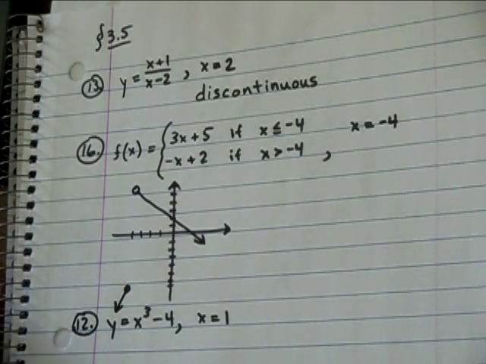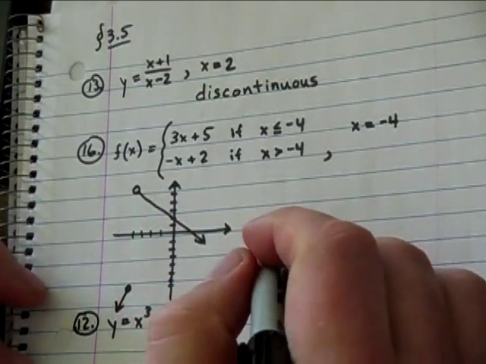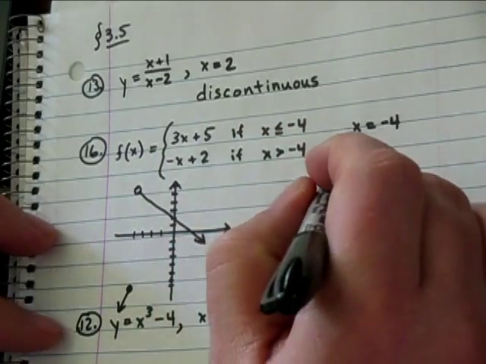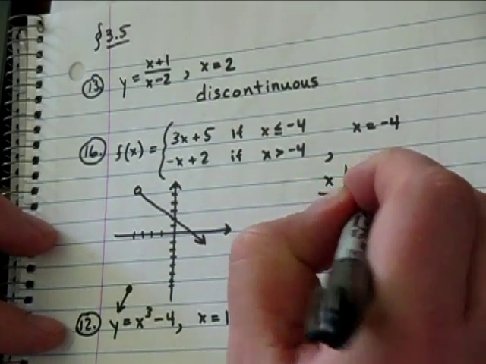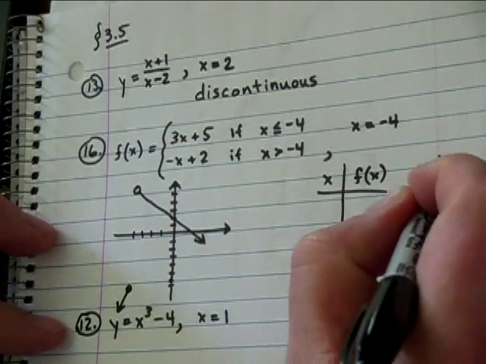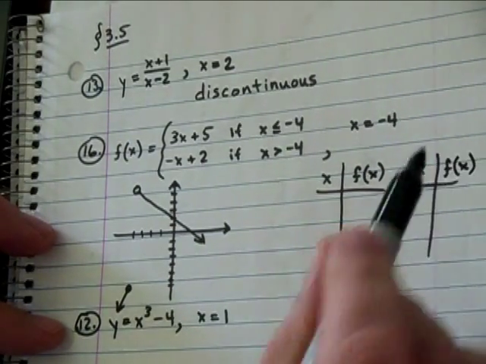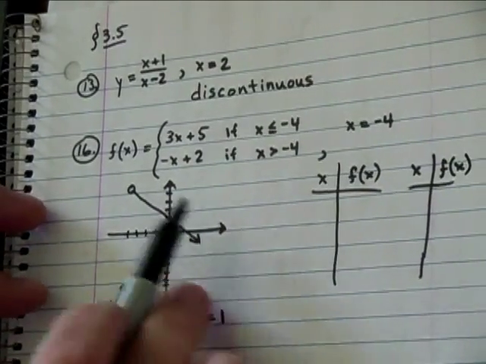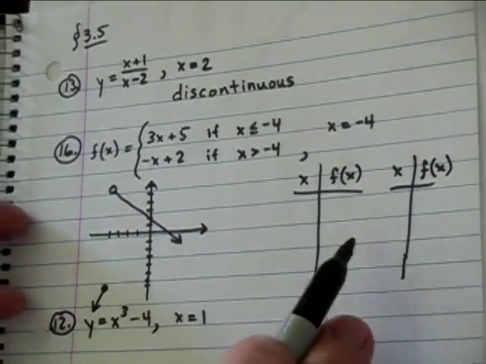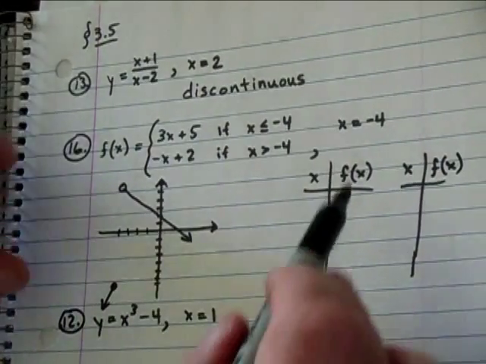Well, how do you show that though? Well, in this particular case, what you can do is make a t-chart and plug in some x values into each piece that are getting progressively closer to the x value that you're interested in. So I wouldn't recommend doing a graph on this problem. I would recommend doing t-charts.